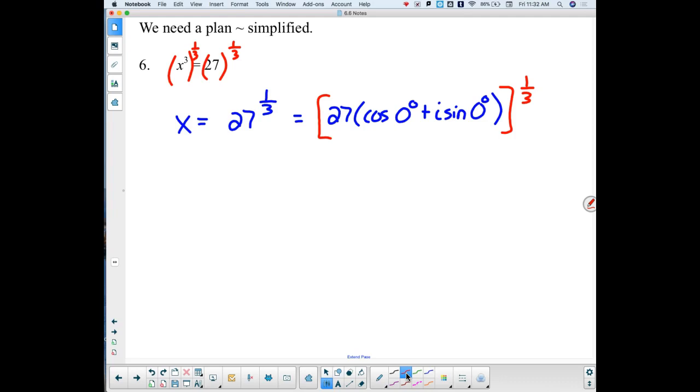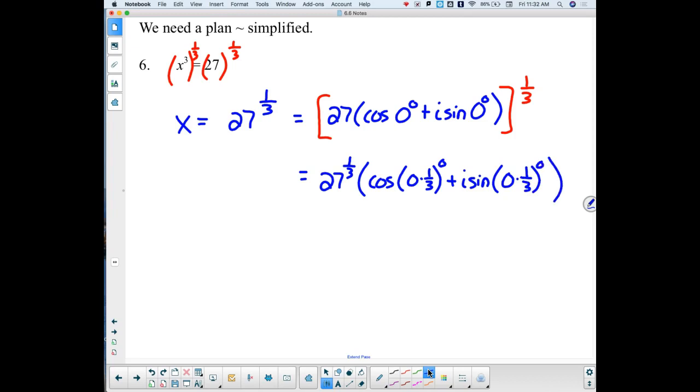Then I applied the theorem. Again, the typo happened, and we missed it. So the exponents there on your sheet signify multiplication. So this is going to be 27 to the 1/3 power times the cosine of 0 times 1/3 plus I times the sine of 0 times 1/3 in degrees.